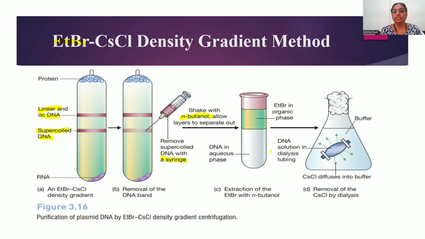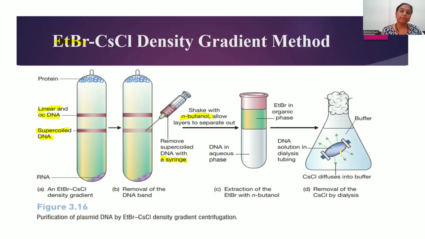So this aqueous solution is now placed in a dialysis bag, and dialysis is done so that the CsCl diffuses out from the aqueous phase, and we get the pure plasmids in the dialysis bag.